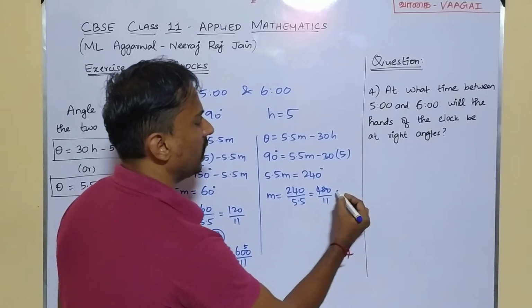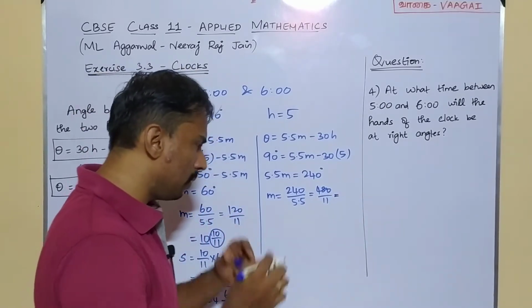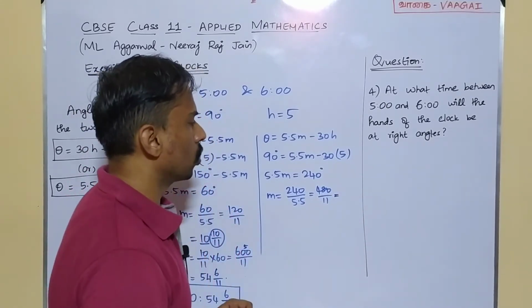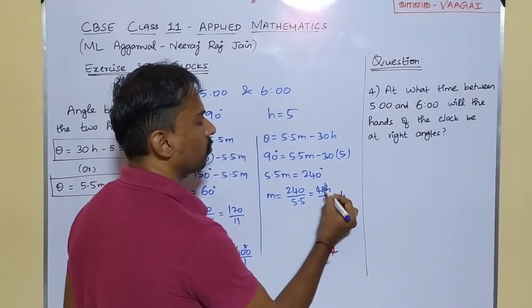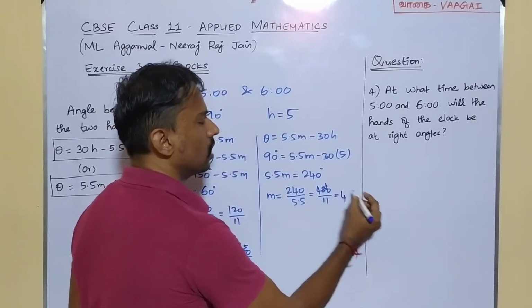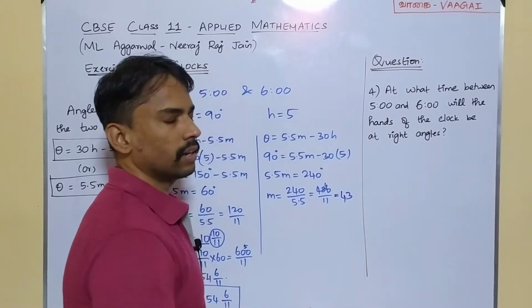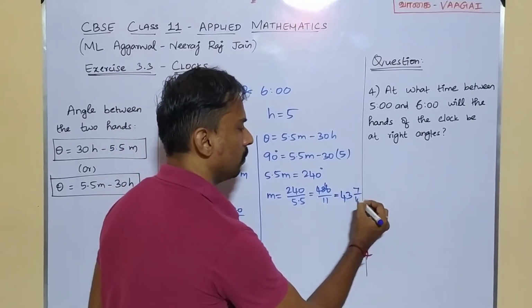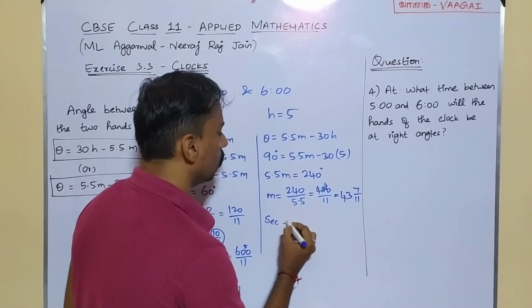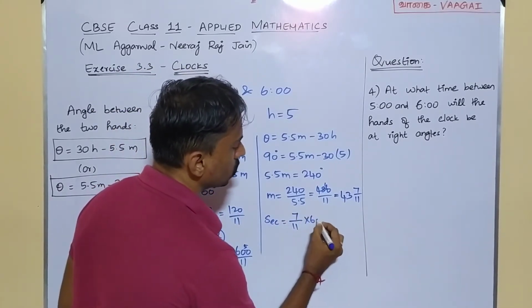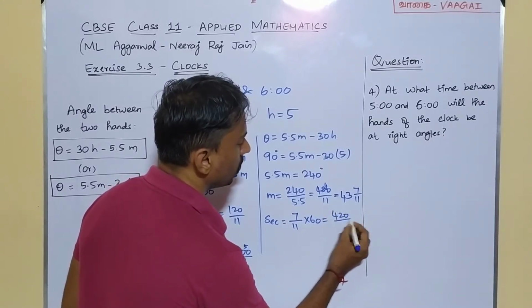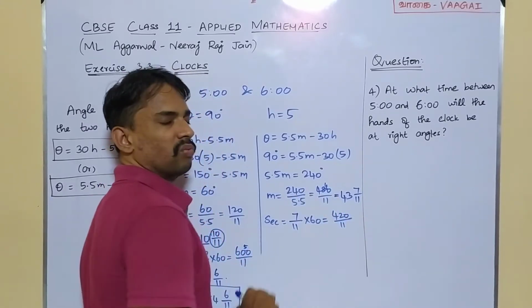So 480 by 11, if you try to convert it into a mixed fraction, you will get 11 4s are 44, and the balance will be 4. Again you are getting 40, so 11 3s are 33, and the balance will be 7. So we get 7 by 11, and as usual to get it in terms of seconds, we will have 7 by 11 into 60, so this will give you 420 by 11, because 7 60s are 420.